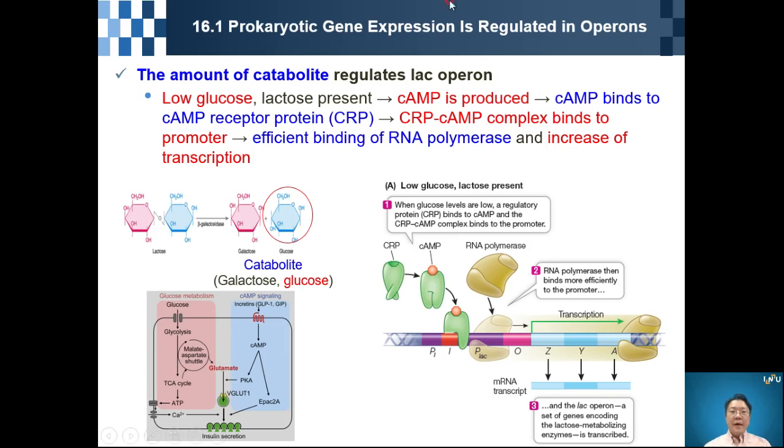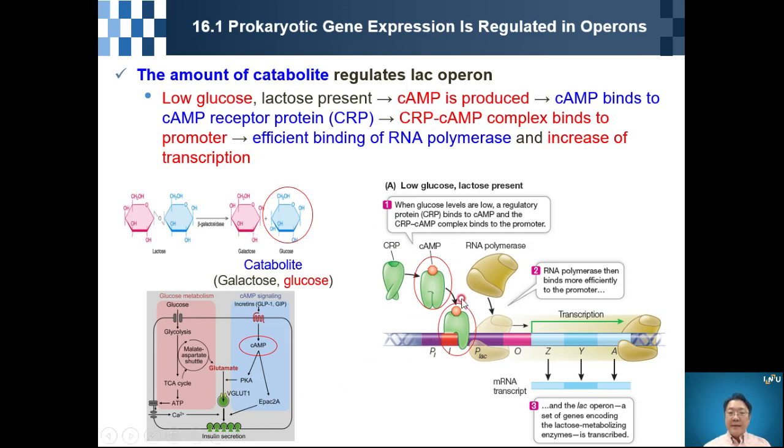When glucose concentration is very low and lactose is present, cAMP is produced. Then cAMP binds to the cAMP receptor protein, which we call CRP. The CRP and cAMP complex binds to the promoter region.